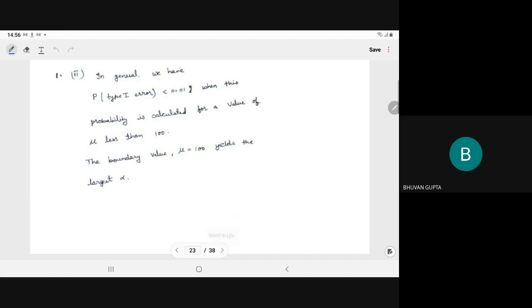So just the conclusion. In general, we have the probability of the type 1 error, meaning rejecting H0 when H0 is true, less than 0.01 when this probability is calculated for the value of mu less than 100. The boundary value of mu equal to 100 yields the target alpha. Means when we are taking the sample, some boundary we have to decide.